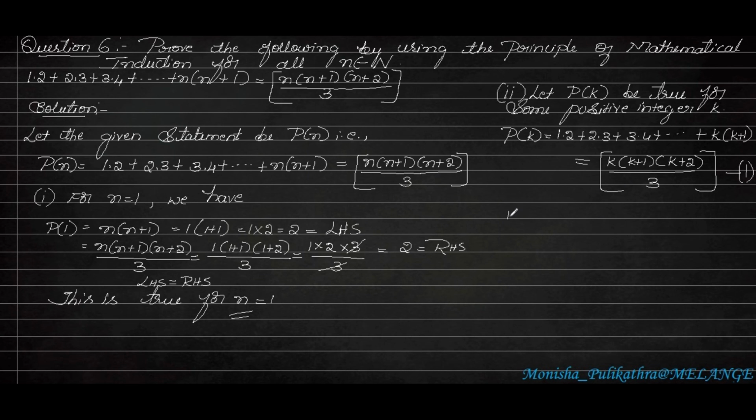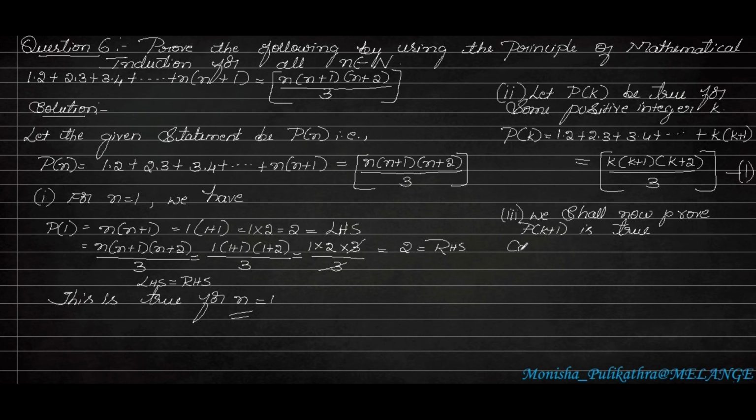So next, in the third step, we have to replace that k by k plus 1. So we shall now prove p of k plus 1 is true. So first we have to prove n is equal to 1 is true. Second we have to prove p of k is true. And third we have to take p of k plus 1. Okay.